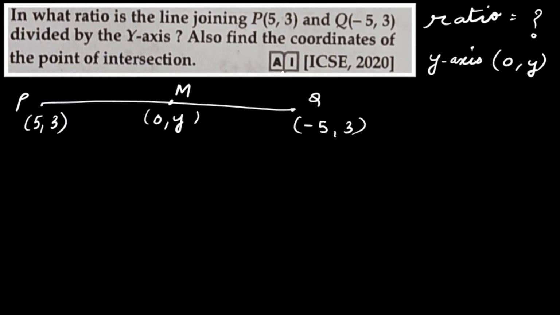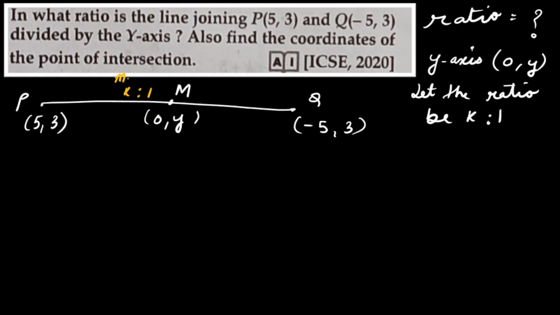Whenever we have to find a ratio, what do we do? We have done this type of question in question number one or two. Whenever we have to find a ratio, we assume the ratio as k is to 1. So we write, let the ratio be k is to 1.